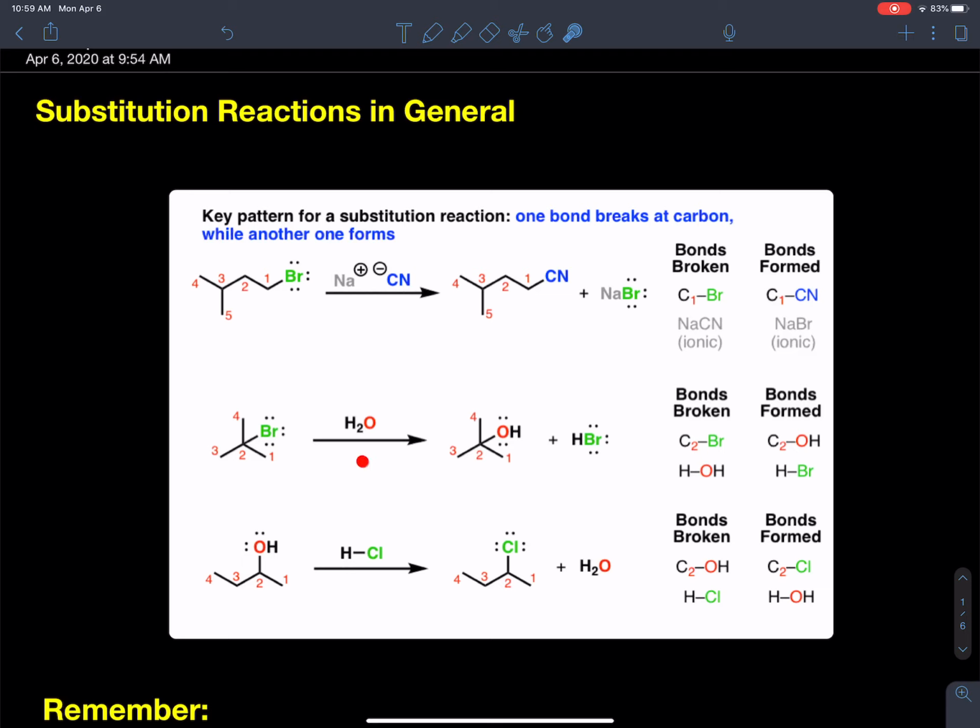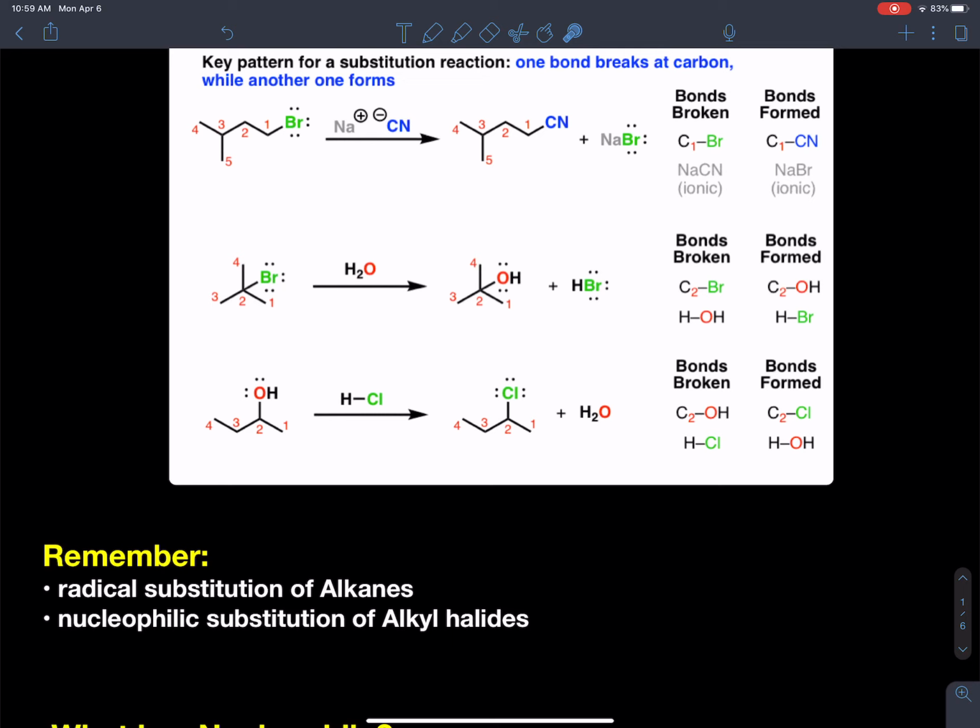None of these substitutions are radical based like they were for alkanes. These are a different class of substitutions, called nucleophilic substitutions, and that's going to be the topic for today. Remember, we've talked about the mechanism for radical ones, where you treat an alkane with UV light and bromine, chlorine, or whatever, and you substitute the C-H with a halide to make an alkyl halide.